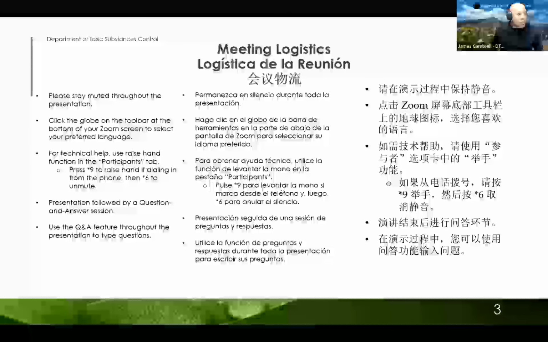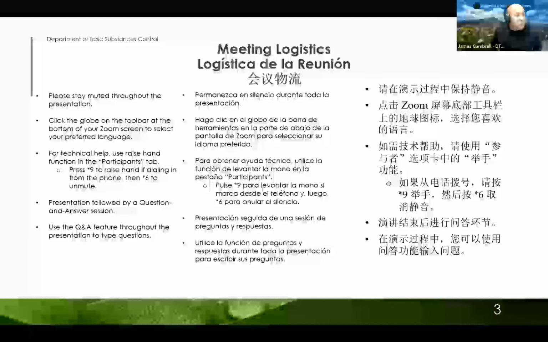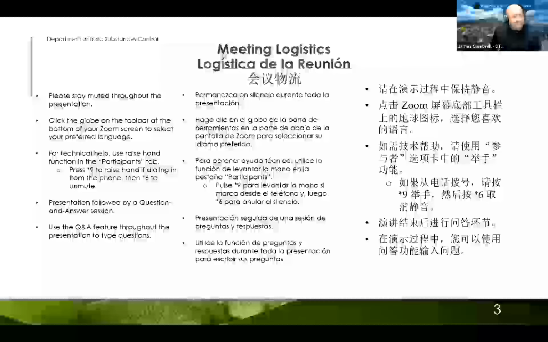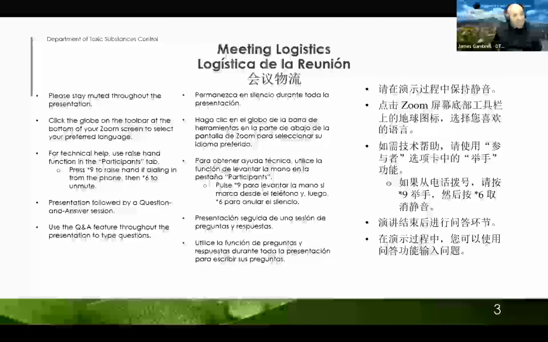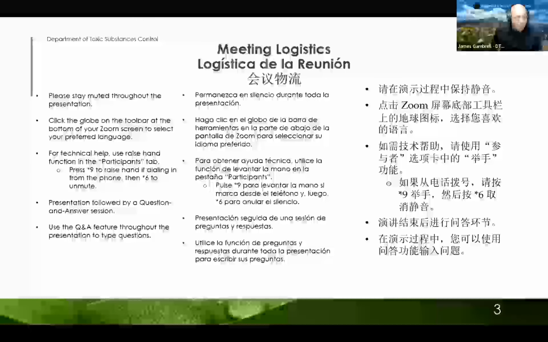Again, if you're just joining us, make sure you use the globe icon on the toolbar to choose your language of choice so you don't miss out on any of this important information. If you need any technical assistance, please use the raise hand feature in the participants tab, or you can press *9 if you are dialing in from the phone and you're not able to hear.